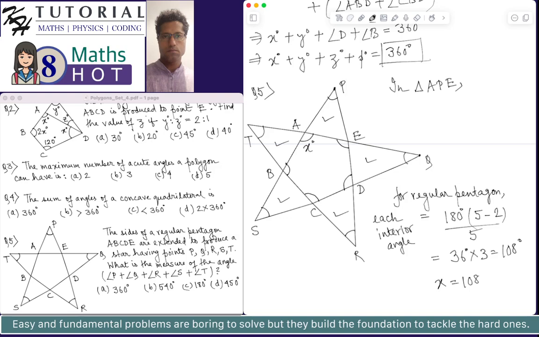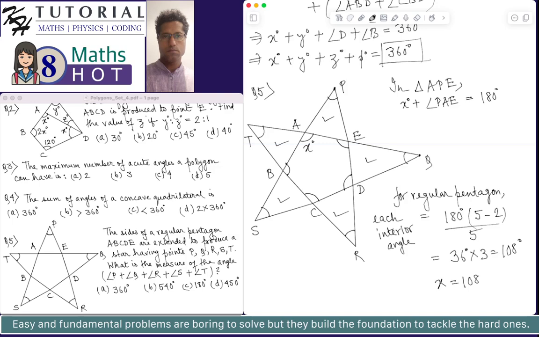We must have x degree plus angle PAE equal to 180 degree, since in a polygon, the sum of an interior angle and its corresponding exterior angle is equal to 180 degree.